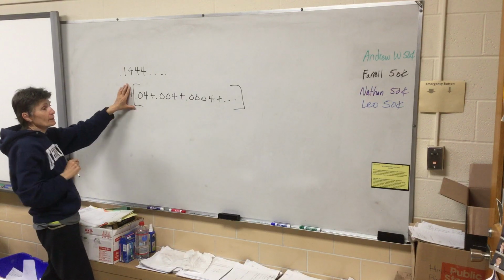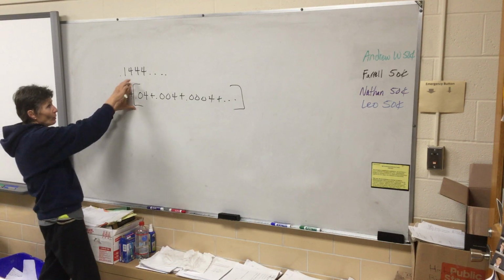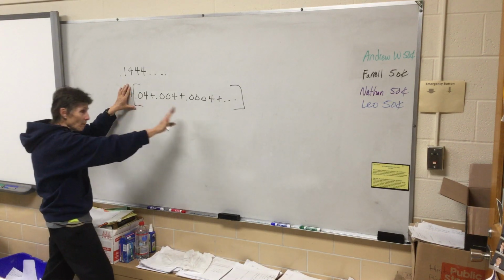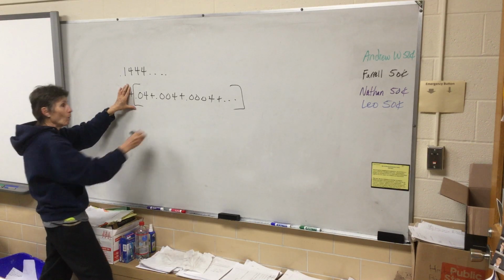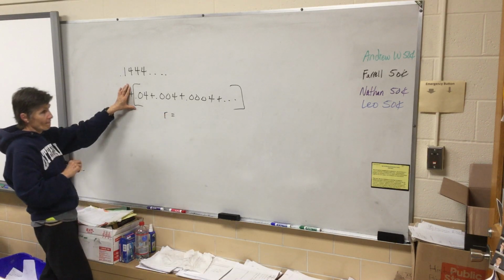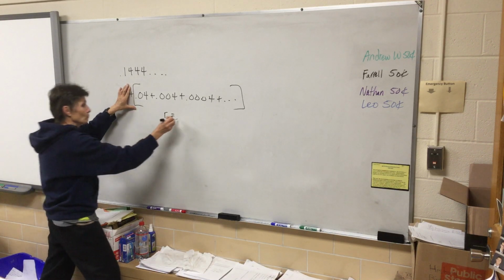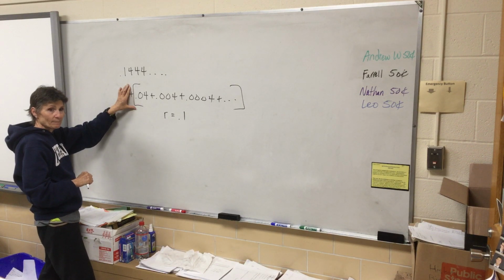This is actually the infinite series part of the problem, the repeating 4s. The repeating part of the problem is your infinite series. Well, what's my ratio? 0.1. Yep, 1 decimal place is repeating, so my ratio is 0.1.